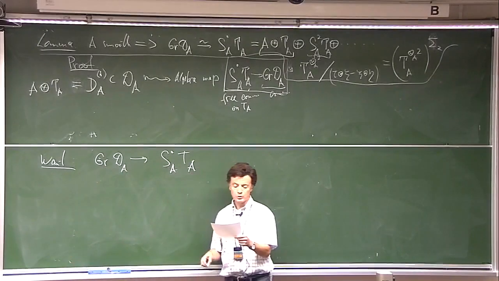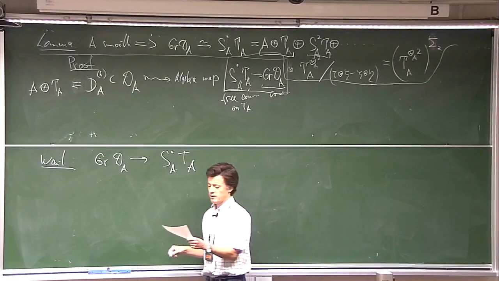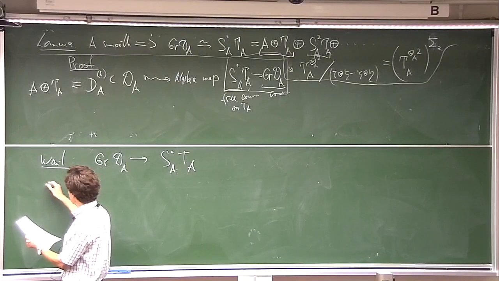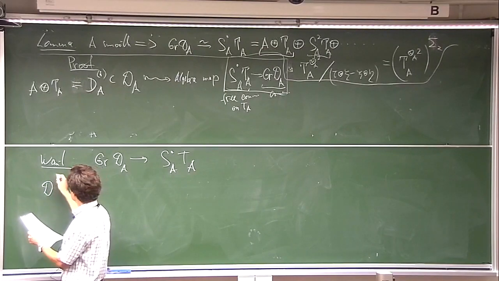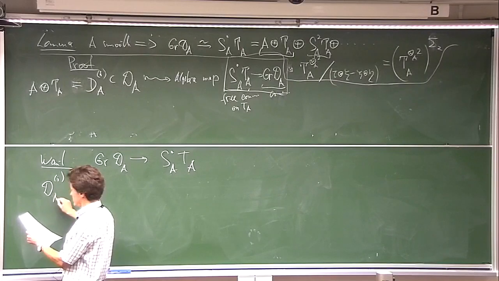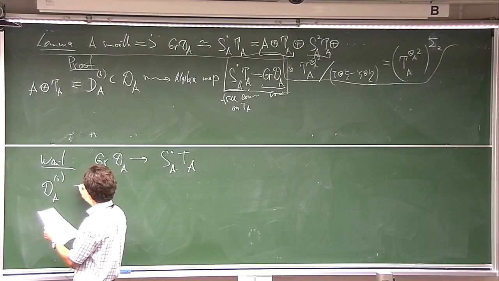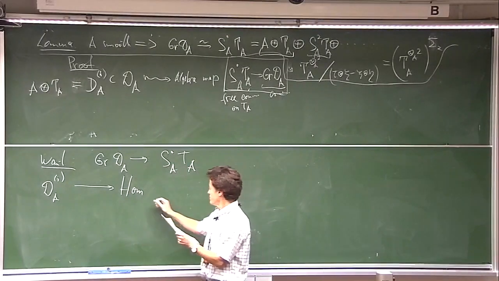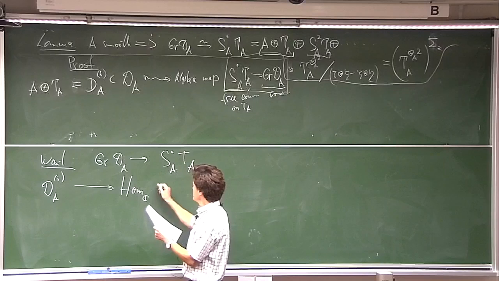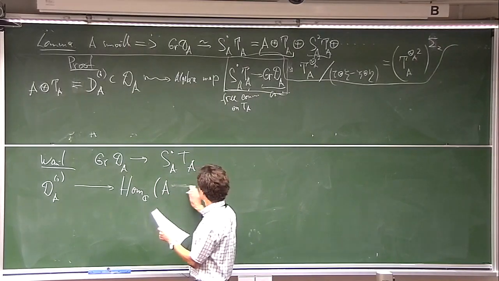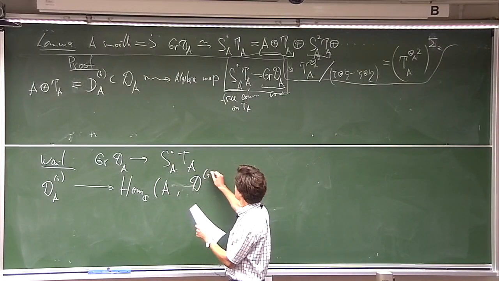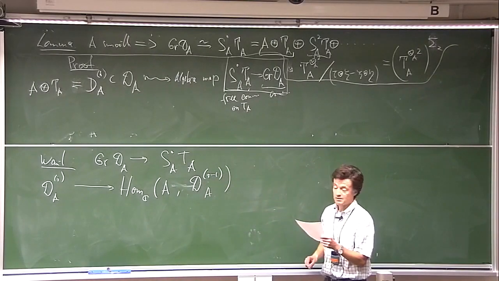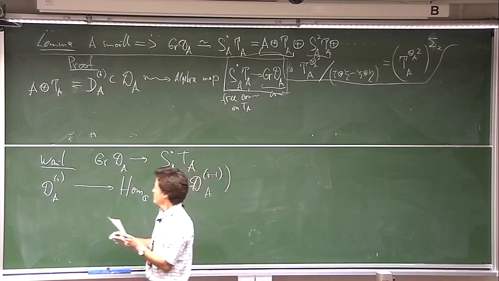Ultimately, the argument will be inductive. I begin by observing that there is a map from the ith filtered component to the space of C-linear morphisms from A to component number i minus 1. The map is defined like this.